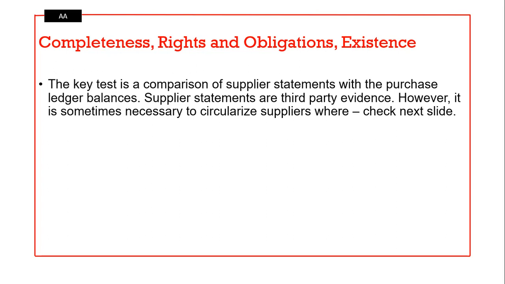Of course, supplier statements are third-party reminders of outstanding invoices to your client. However, it is sometimes necessary to circularize, to confirm externally, these balances where you have the following.